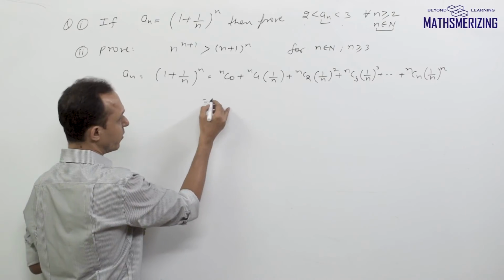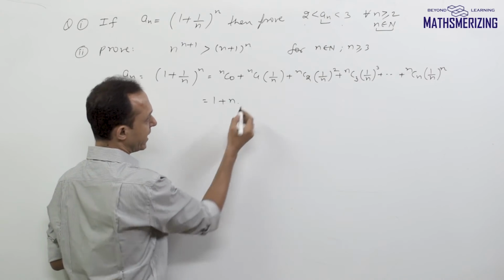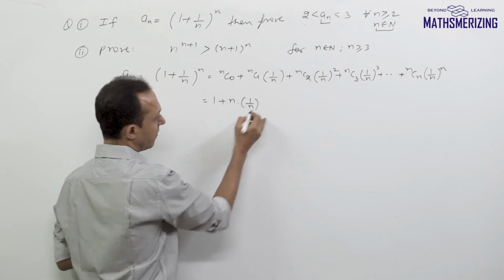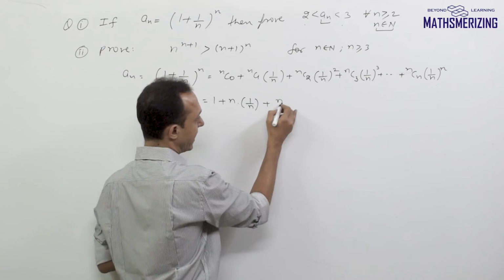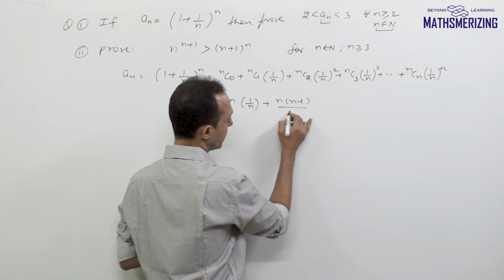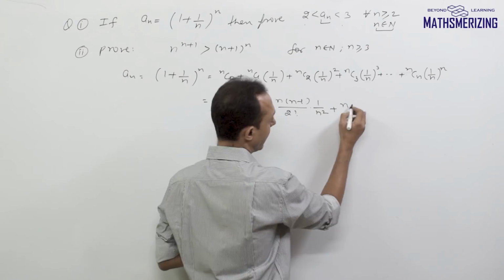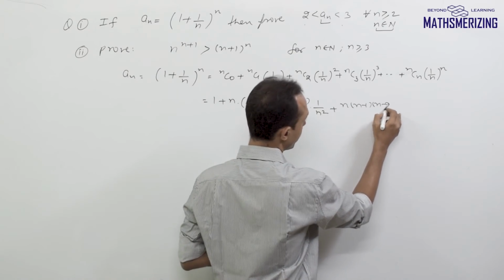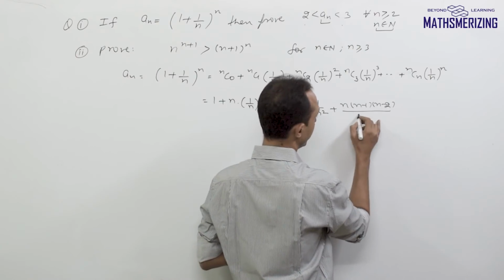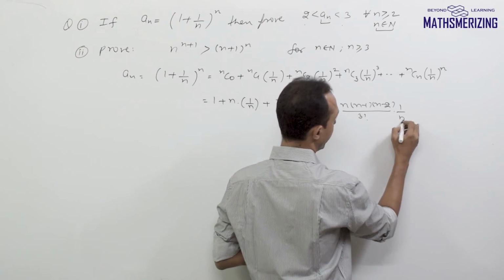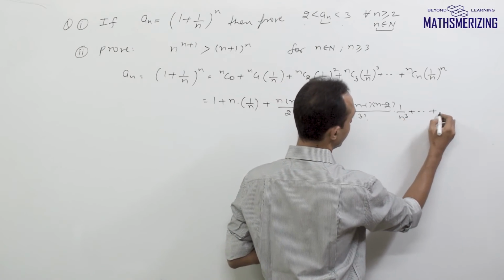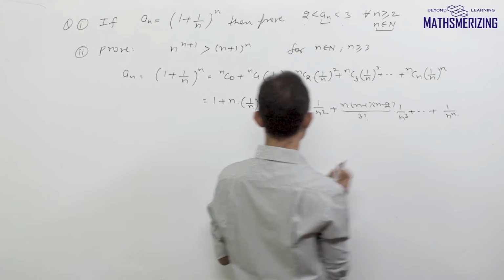Now nC0 is simply 1. nC1 is n, and it will be into 1 by n. nC2 is n(n minus 1) upon factorial 2, into 1 upon n squared, then n(n minus 1)(n minus 2) upon factorial 3 into 1 upon n cubed. I'll continue up to 1 upon n to the power n.